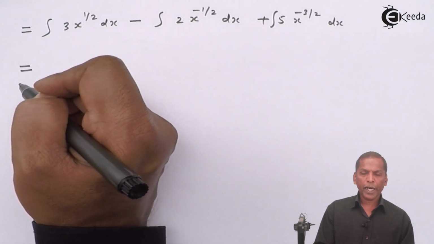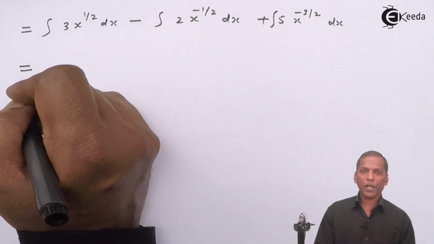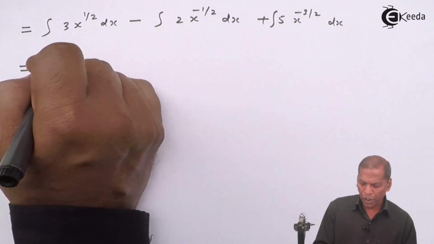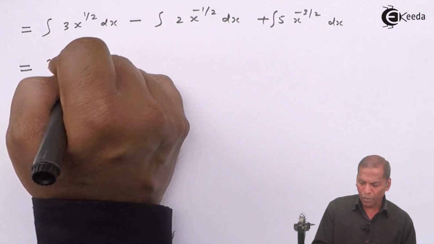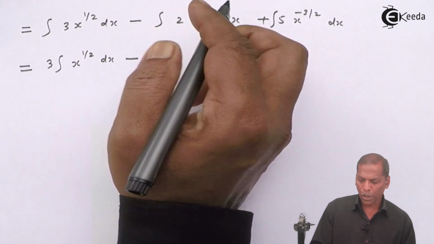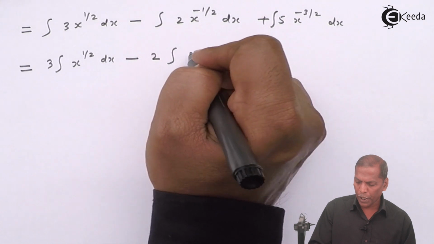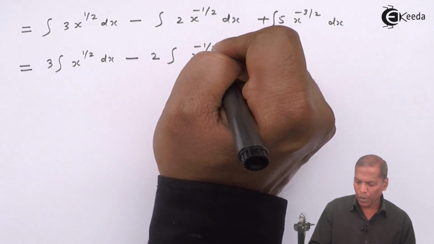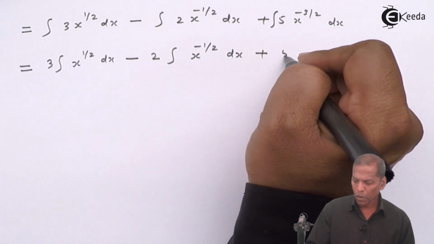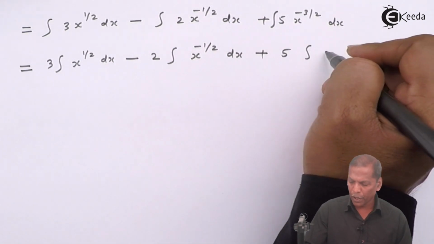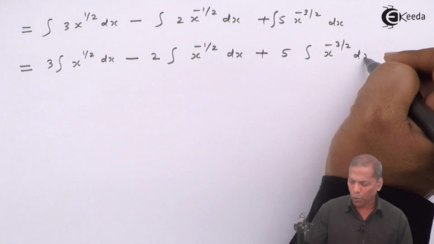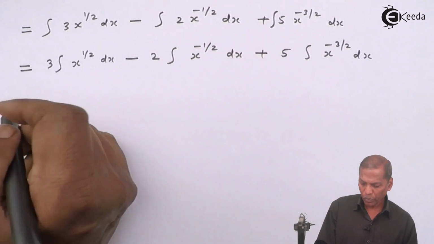Now here we take the constant term outside the integral sign. So the above integrals can be written as 3 into integral x raised 1 by 2 dx minus 2 into integral x raised minus 1 by 2 dx plus 5 into integral x raised minus 3 by 2 dx.